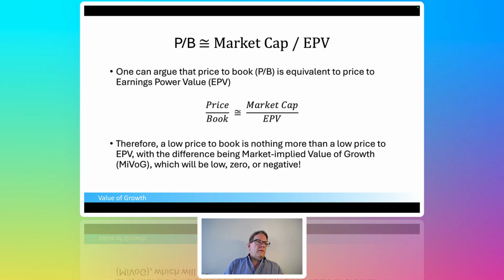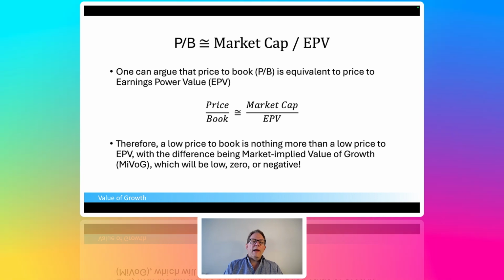So it's taking the next step, then one could argue price to book effectively is your market cap to your earnings power value. It's the equity market capitalization to your earnings power value. That's, I think, pretty straightforward. Not perfect. That's why I use approximately equal, but it's pretty close.